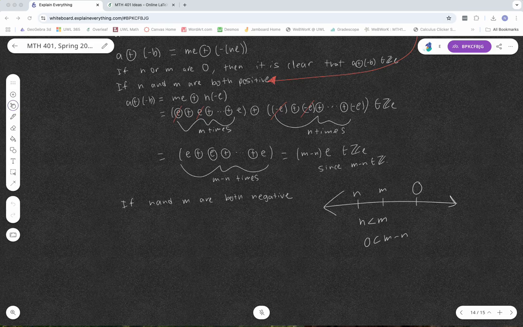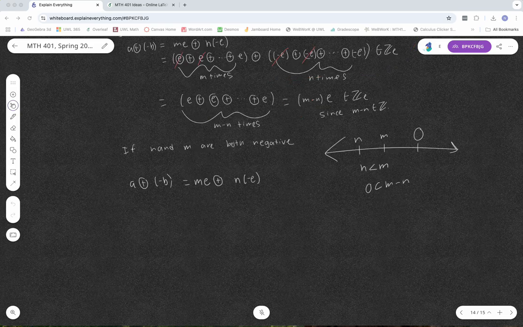Okay, if M and N are both negative, then A plus negative B is ME plus negative NE. Right, so now we have a different definition.